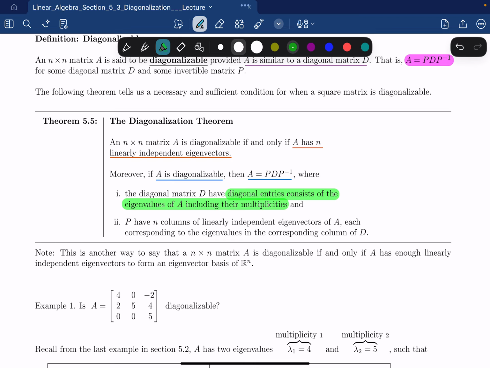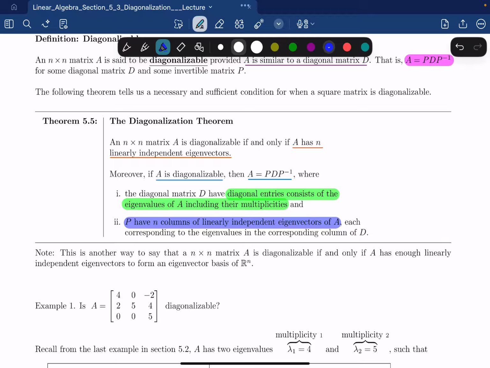On the other hand, I need the matrix P to have n columns of linearly independent eigenvectors of A. That's why we need, quote unquote, enough eigenvectors, because I need to be able to form this linearly independent set, which becomes the columns of this matrix P. And we know we need enough linearly independent column vectors to form a matrix that's invertible, right?